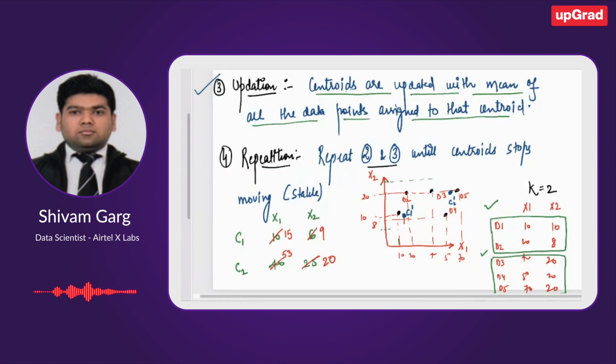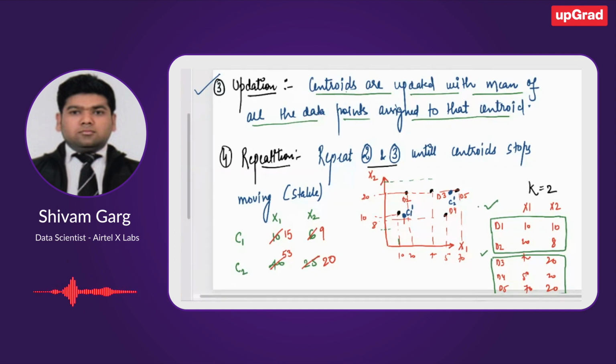Now the new values of centroids have changed their position, and if their distance changed, it is possible that a data point that was earlier coming to C1 will go to C2, and vice versa. Is that possible? Absolutely, yes, it is possible. So what will we do? Again, we will assign the data points with the same logic.